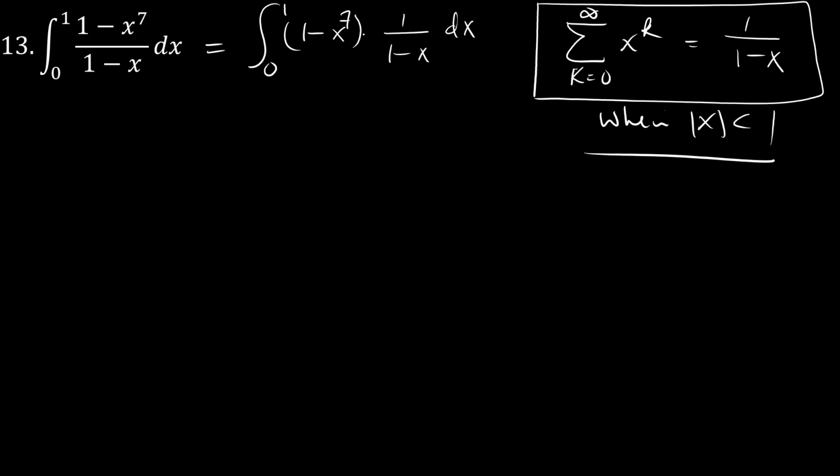So here we have the integral from 0 to 1 of 1 minus x to the 7 times the summation from k equals 0 to infinity of x to the k.